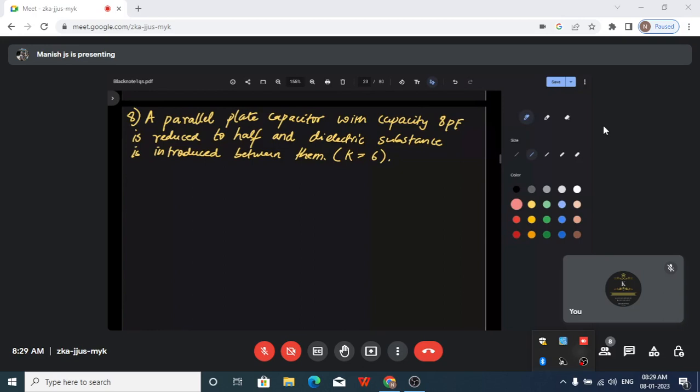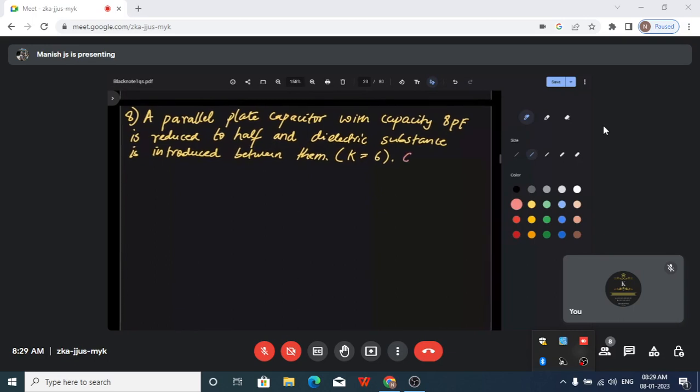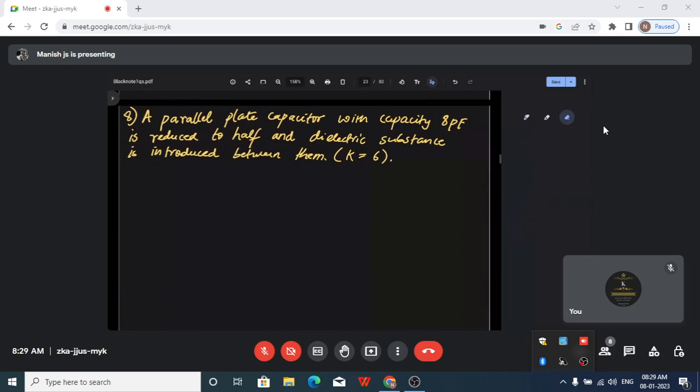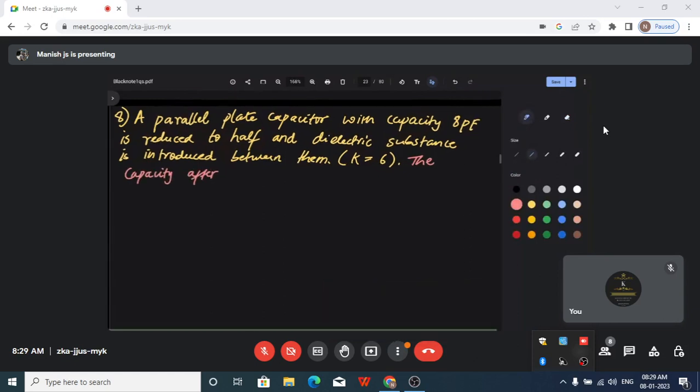So calculate, instead of calculate, we'll put it differently.